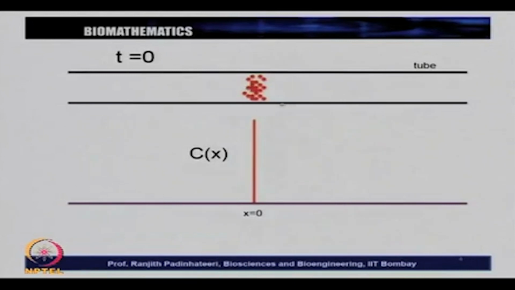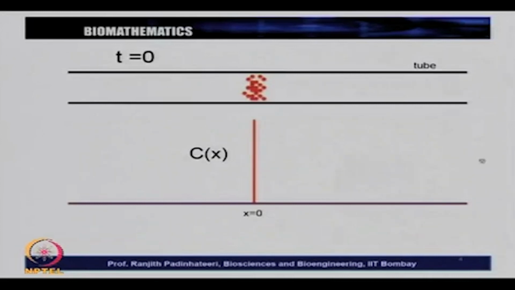That is shown here, and what is shown at the bottom is the plot of concentration as a function of x. So, this is x equal to 0. At this moment the concentration is only at x equal to 0, almost like a line, maybe with a little more width, but essentially just a line.